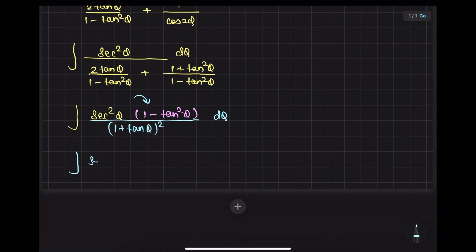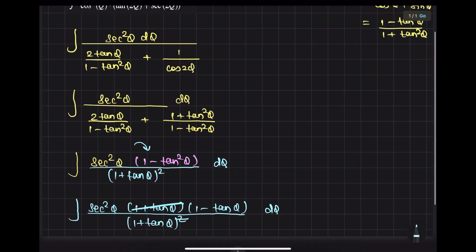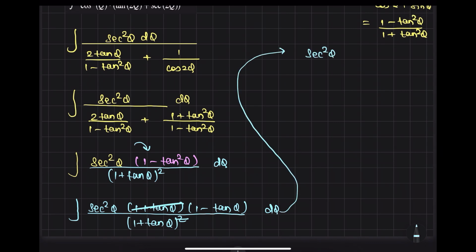So we will have sec square theta into 1 plus tan theta into 1 minus tan theta, and the denominator is 1 plus tan theta whole square. So one factor will get cancelled. Okay, so we are left with sec square theta upon 1 minus tan theta and then 1 plus tan theta, integration d theta.